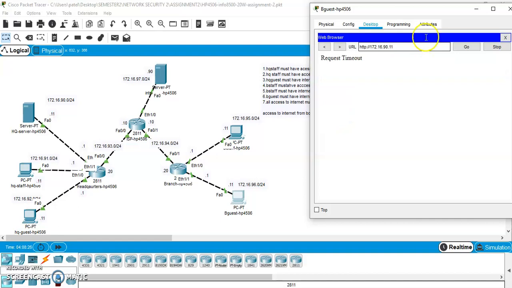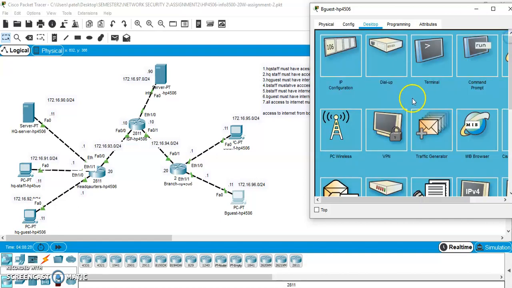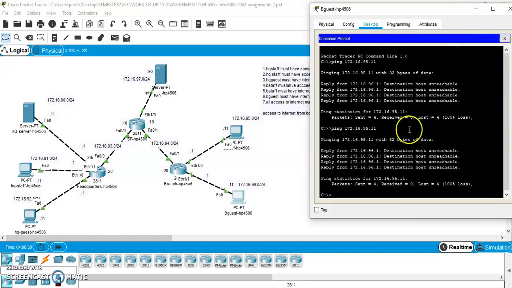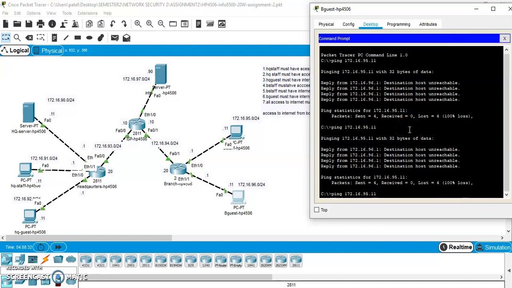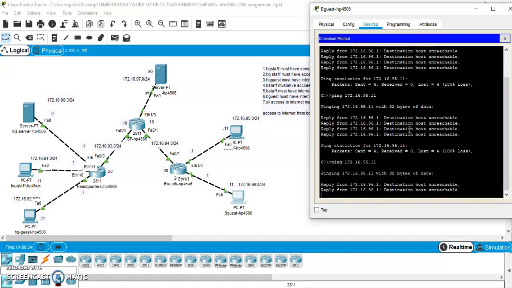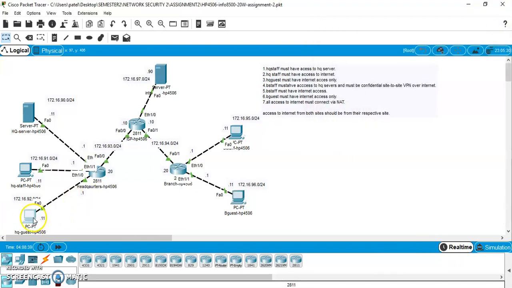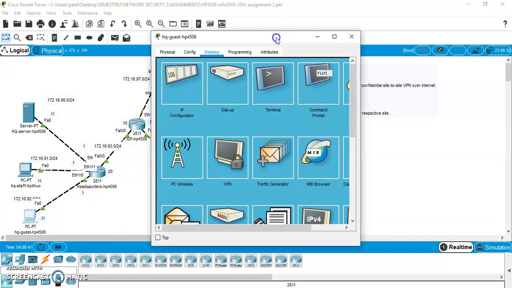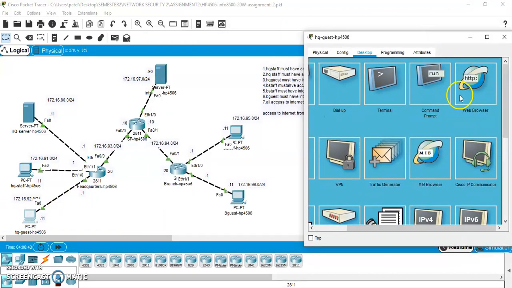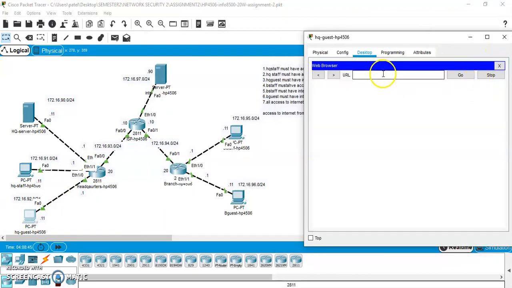As you can see, I've met the requirement. Another thing was that it should not be able to reach anything else, so I will try to ping the staff network from that. As you can see, I am receiving destination host unreachable, so I have met the requirement. We'll do the same for the guest network on the headquarters side.